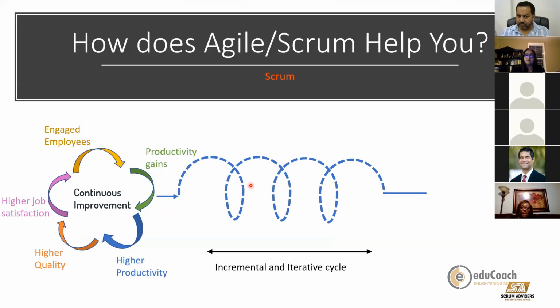We keep moving forward, but we keep doing the feedback loops. And what this does is help us deliver a product with reduced time to market and lower costs, which eventually leads to higher stakeholder satisfaction.